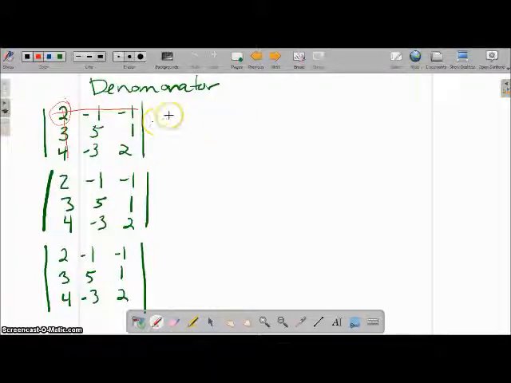The algorithm to solve these determinants, because they are bigger, you can't just do exactly what we did with the second order determinants. You put a line through the first column and the first row, and then you take this 2 and you multiply it by the determinant that's left. 5, 1, -3, 2.